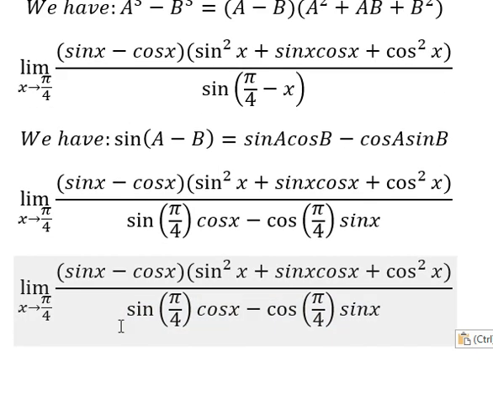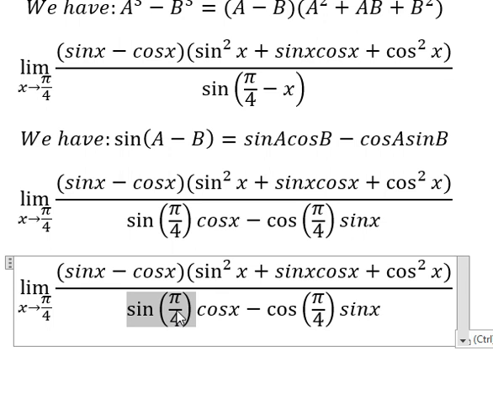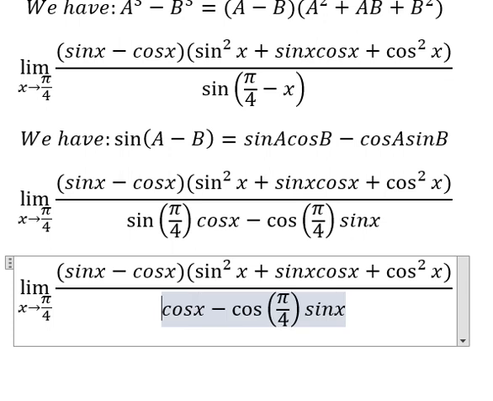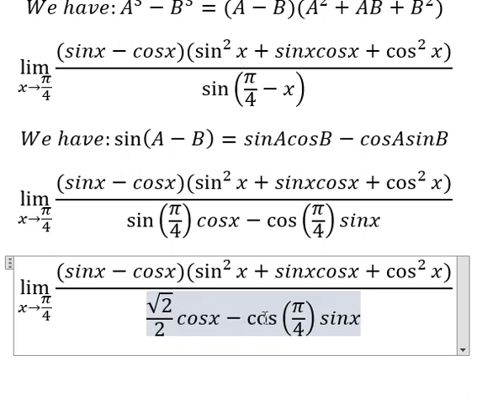So sine of b over 4, that is about the square root of number 2 over number 2. Similar for this one.